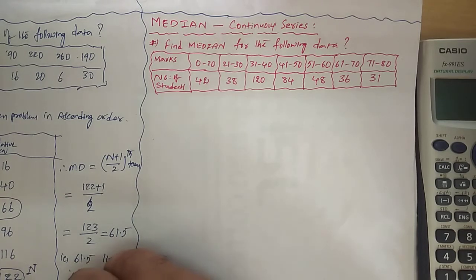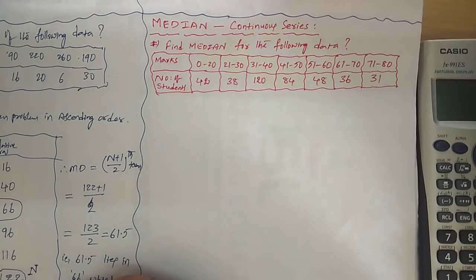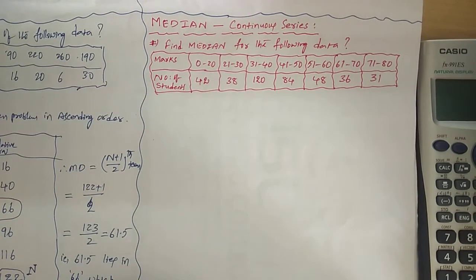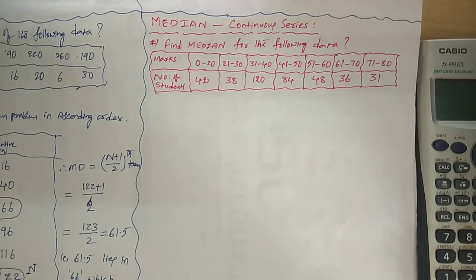So what is the formula we have used? We calculated median by direct methods without formula, and with the formula also, if you want, you can calculate the median. And in the case of discrete series, you know how to get the median.